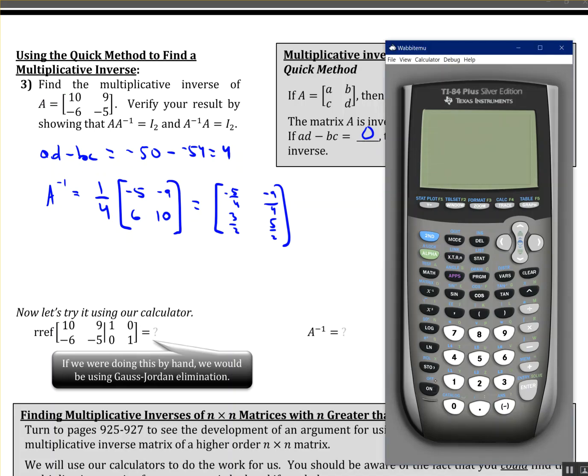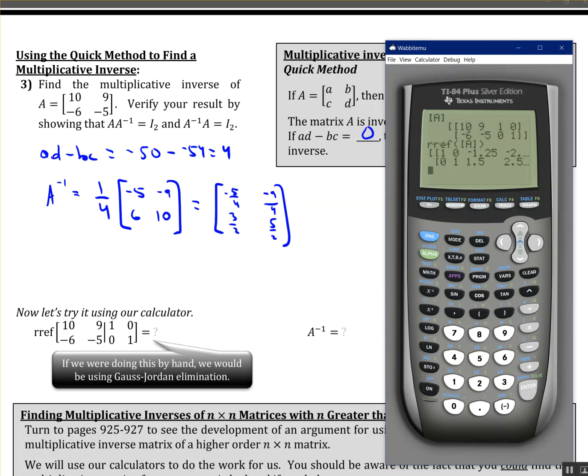So let's see here. Turn on my calculator. So I already put the matrix in here. So A looks like this: 10, 9, 1, 0, negative 6, negative 5, 0, 1. And if I do RREF on that guy, notice what I get.